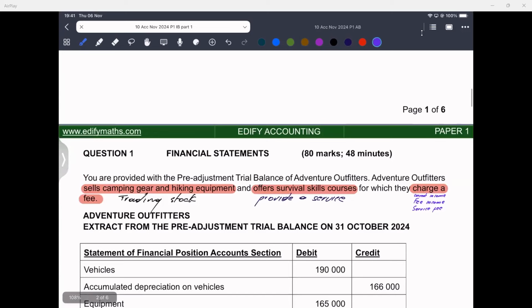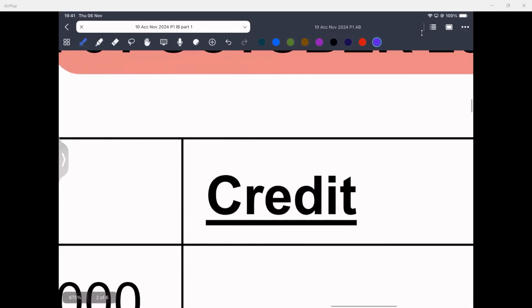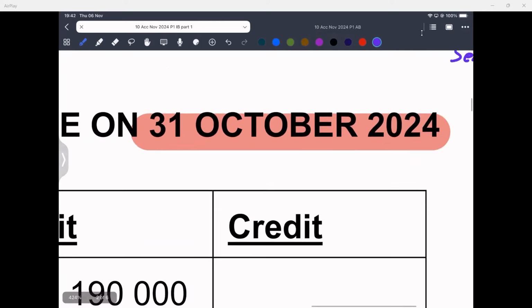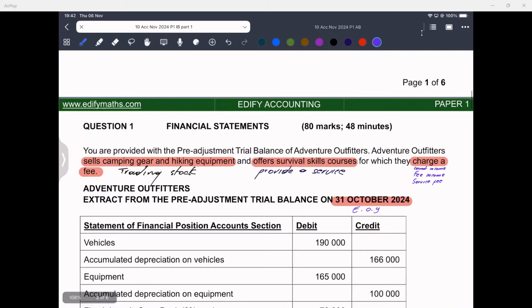And we've got an extract from the pre-adjustment trial balance on the 31st of October 2024. This is the end of the financial year. I refer to it as EOY, end of the year. We still need to determine the beginning of our financial year.